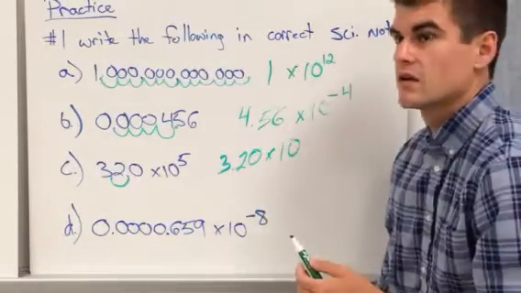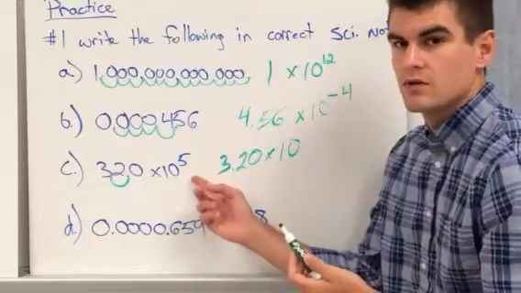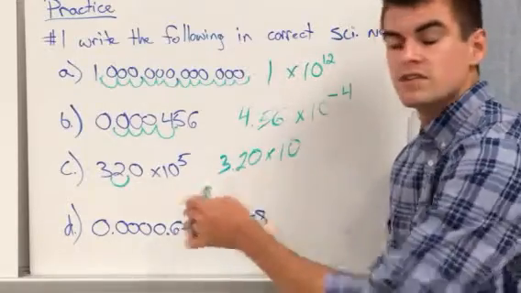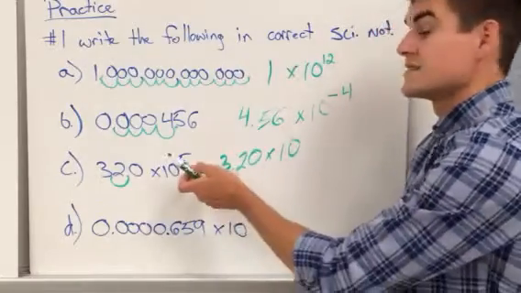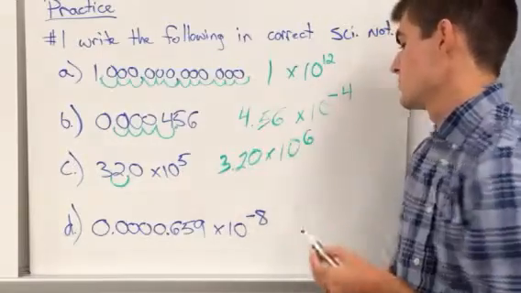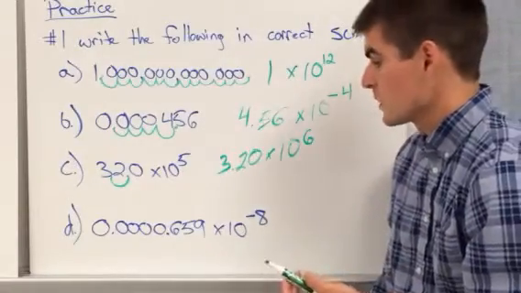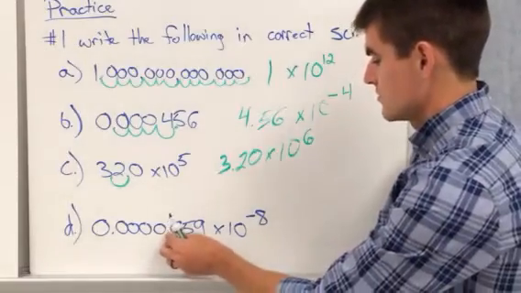I can't just say times 10 to the first because I already have an exponent. Which way did I move it? I moved it to the left, so this gets bigger, or more positive. 10 to the 6th.